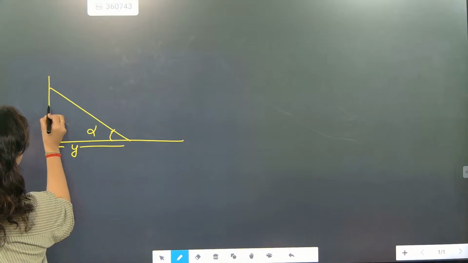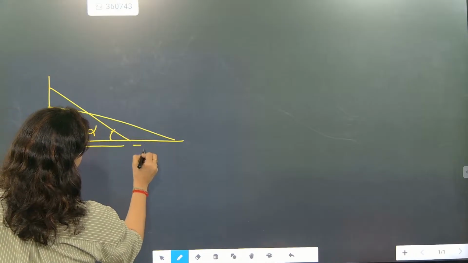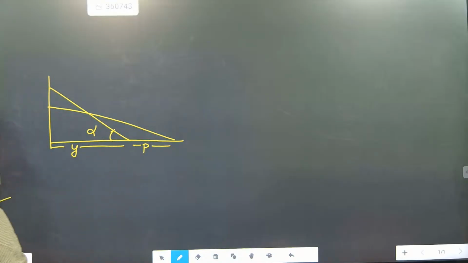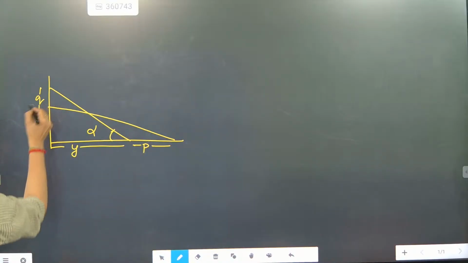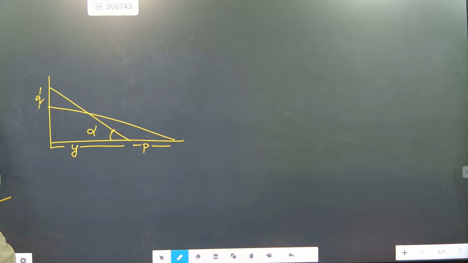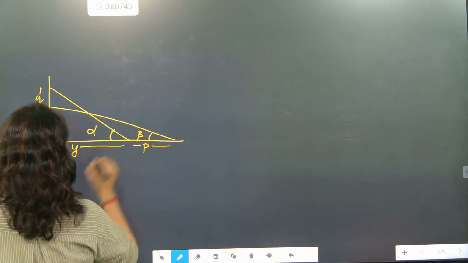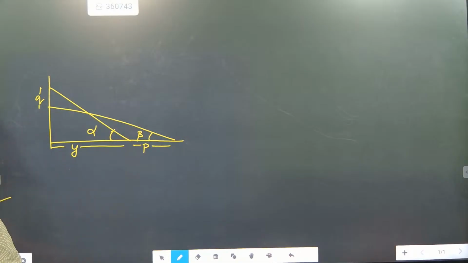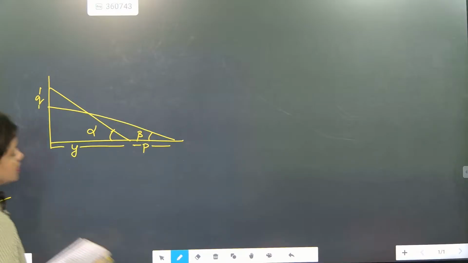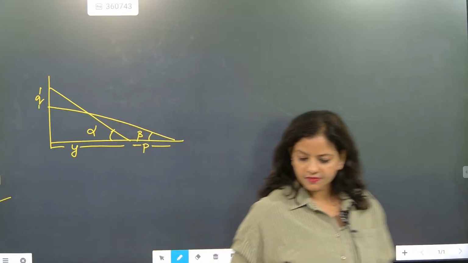Now if it is pulled like this, the distance is coming as p, so that its upper edge will be pulled down by q. Then the ladder makes an angle of beta. This time the ladder is making an angle beta. Prove that p by q is equal to cos beta minus sin alpha sin beta. So this part is exactly taken.